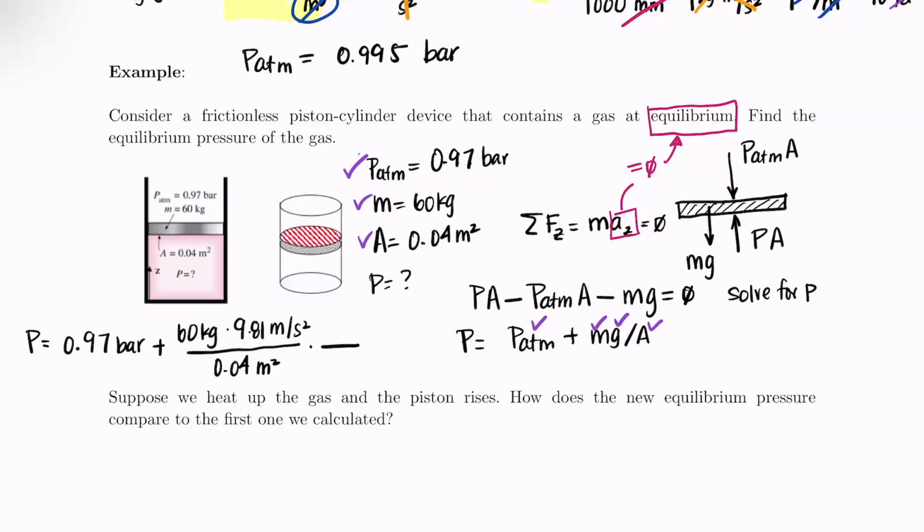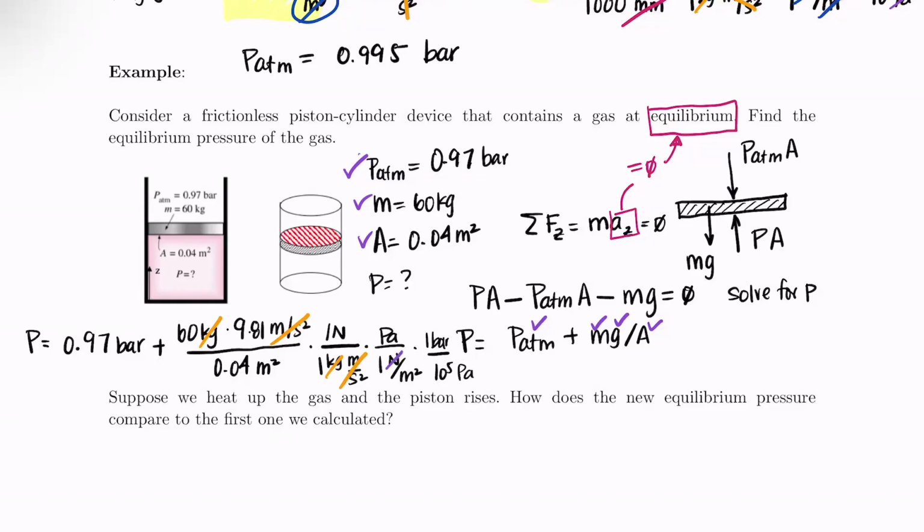So the first thing we're going to convert is we're going to say 1 kilogram meter per second squared is a Newton. And 1 Newton per meter squared is a Pascal. And 1 bar is 10 to the 5 pascals. Okay. So our kilogram cancels out here. Our meter per second squared cancels out.